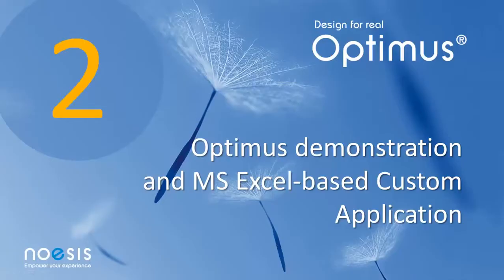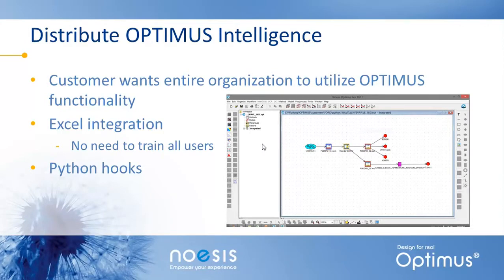Let's switch back to the presentation, where I'll just say a few words about a custom application we've built for a customer that wanted the entire organization to utilize Optimus in combination with Ricardo WAVE, but without exposing the users to Optimus. So therefore, Optimus can be fully wrapped by a custom application.